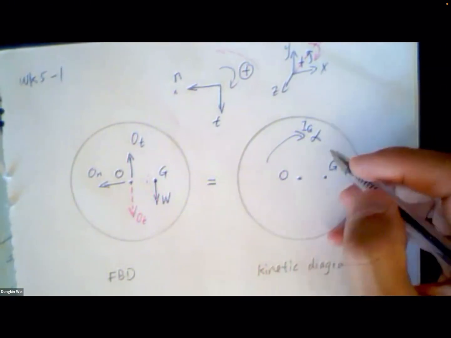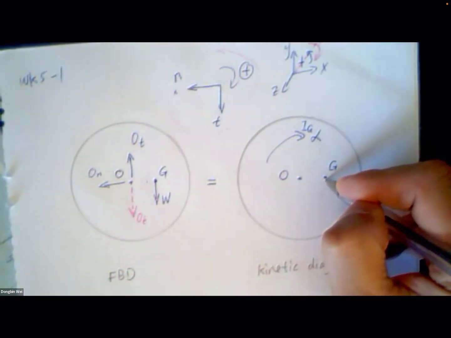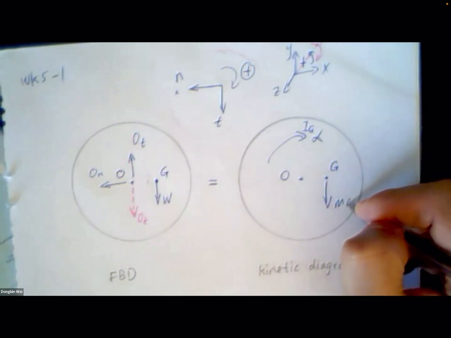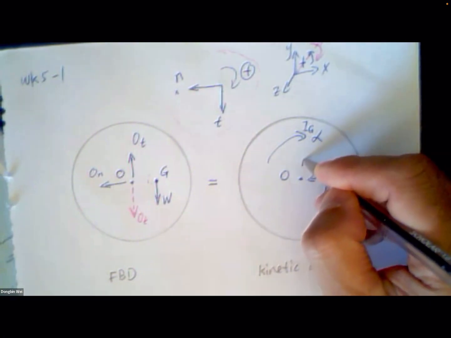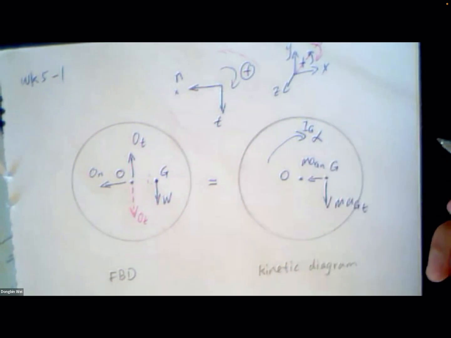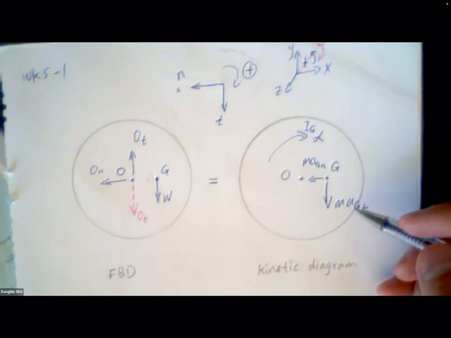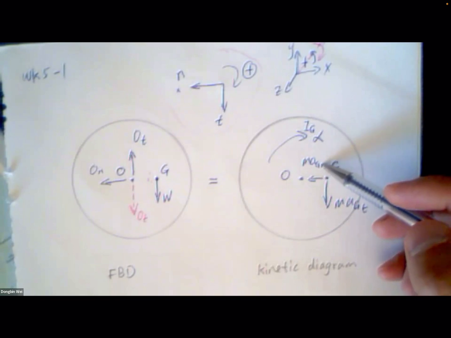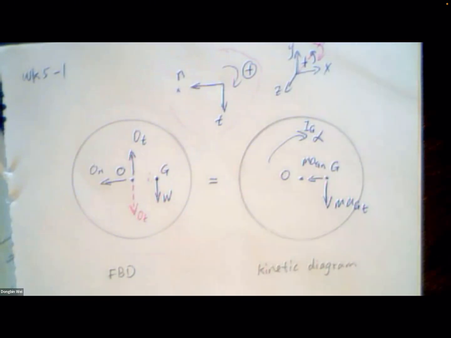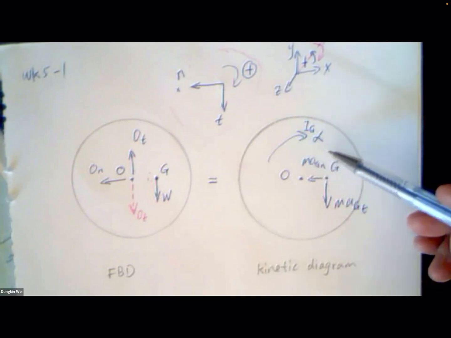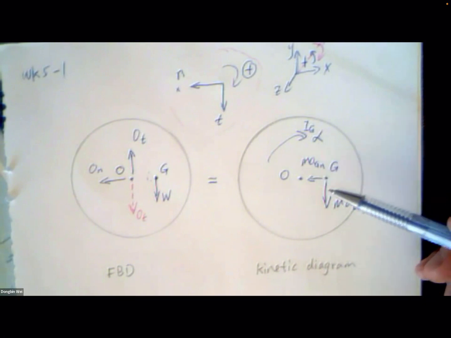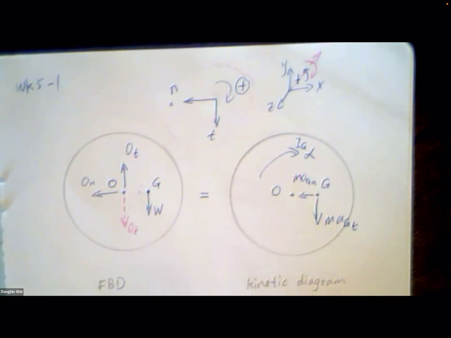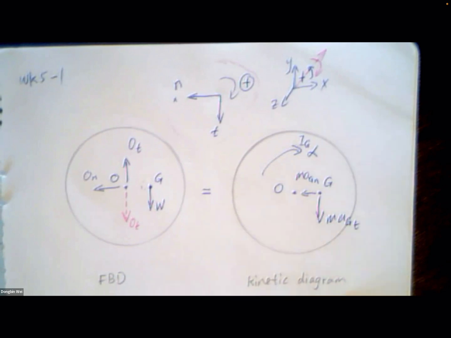For AG, we resolve AG into AGT and AGN, two components. And because at this moment alpha, AGN, AGT are unknown, I just assume they are all positive, indicated in this kinetic diagram. So that's the diagram, FBD and kinetic diagram, we need for solving this problem.